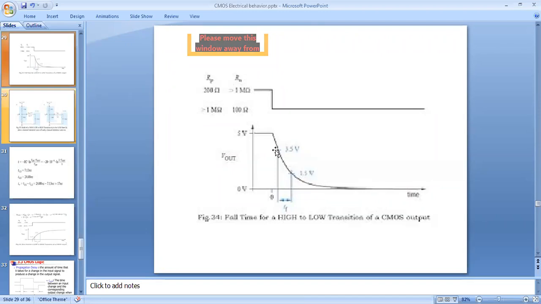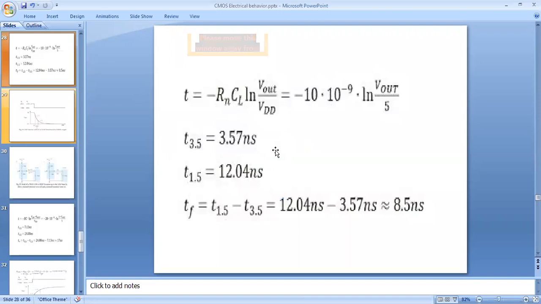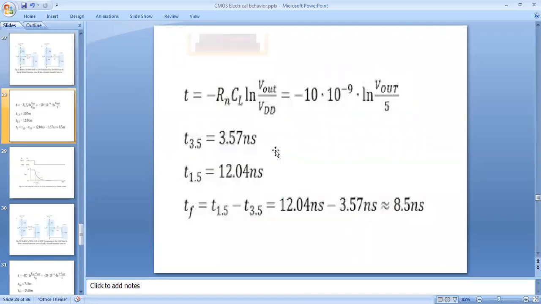V out equal to V into e power minus t by tau. What is tau here? Note down, tau equal to, what is tau?